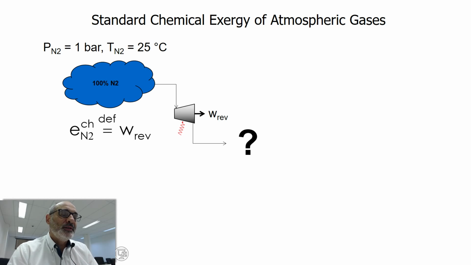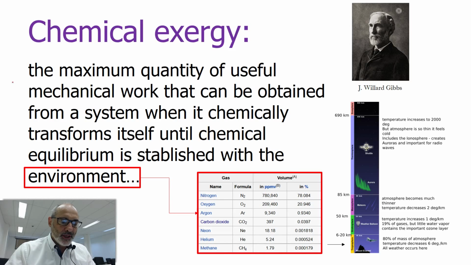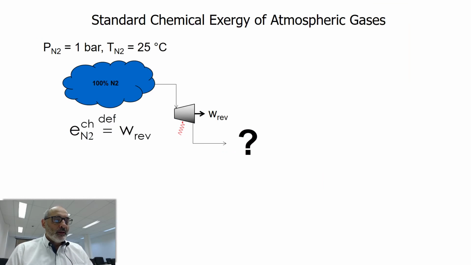First, I'm going to deal with species that are present in our atmosphere: nitrogen, oxygen, argon, carbon dioxide, and so on. And then we're going to consider chemical reactions. For the moment, we're not going to analyze chemical reactions.